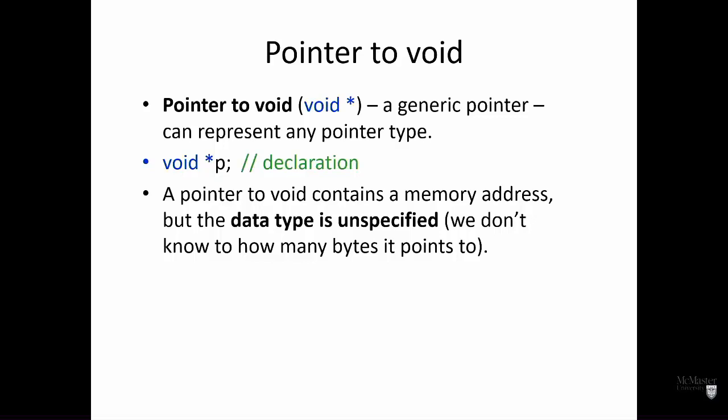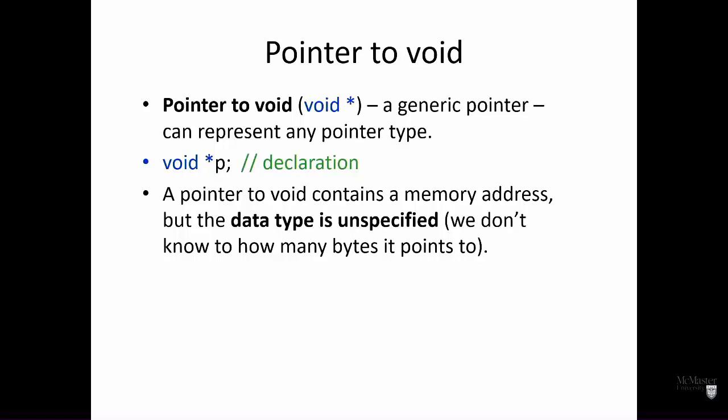But because this is a void pointer, it's not pointing to a specific type, we cannot do math operations on this pointer, right? Why can't we do that? Because if you remember from Monday's lecture, to do math operations on pointers, you use the size of the data type that the pointer is pointing to in your calculation.